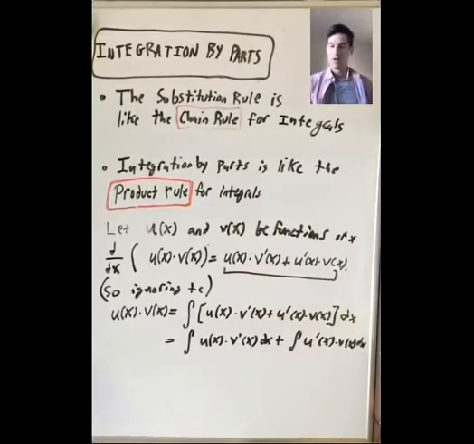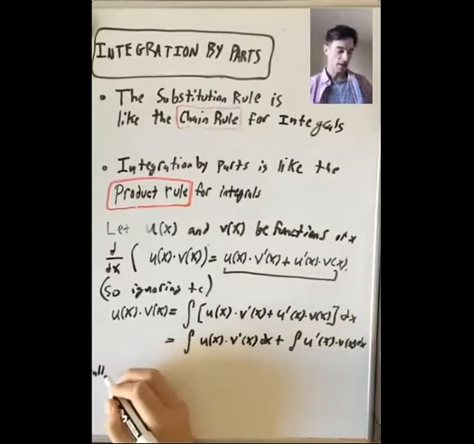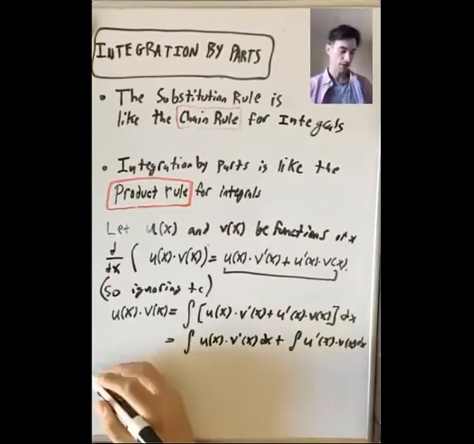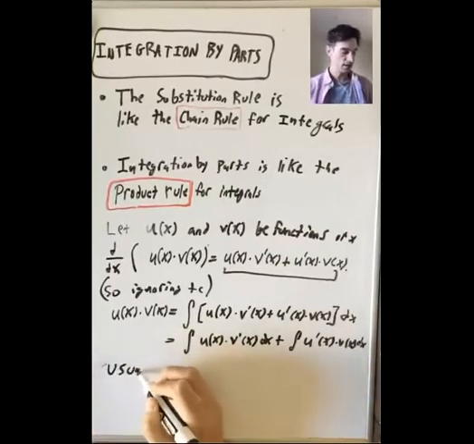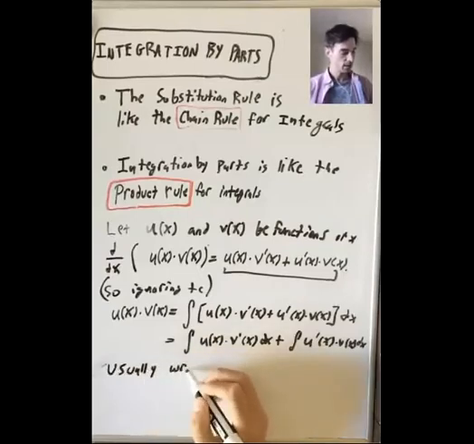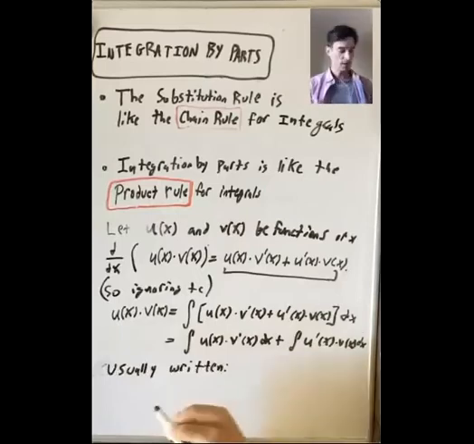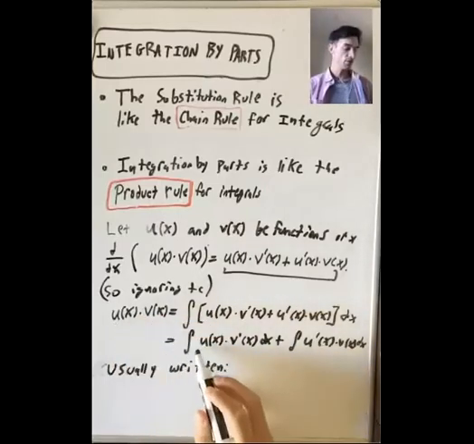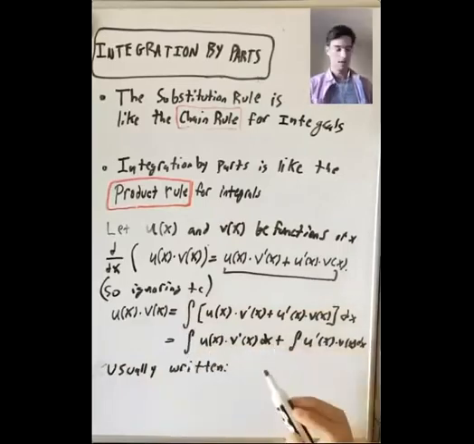So the way that this is usually written is we're just going to write u and v instead of u of x and v of x. Let me write this more clearly. Here's u times v. We can rearrange a little bit the integral of u v prime and the integral of u prime v.